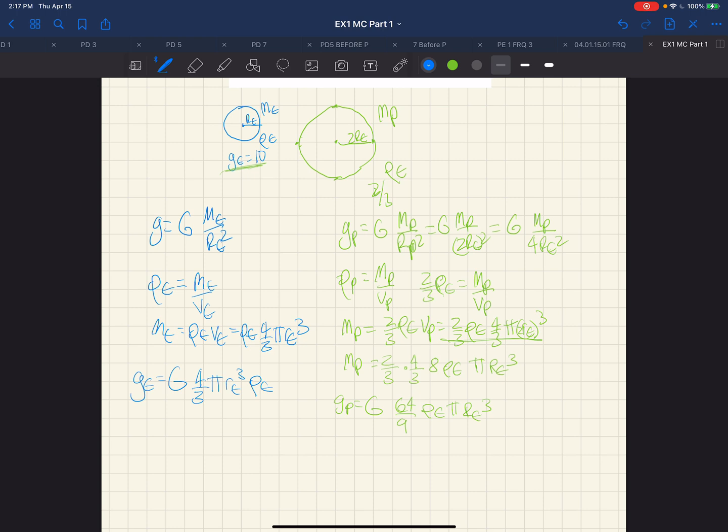Then we can express these as a ratio. How big are they compared to each other? We have big G, 4/3, rho E, pi, RE cubed.